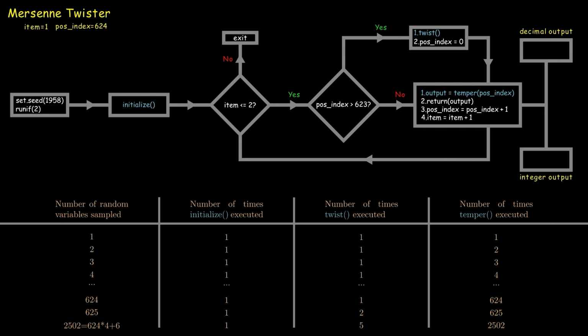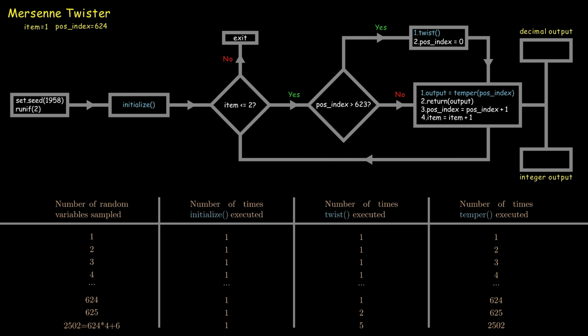But the donuts are not ready until they have been tempered. So let's have a look at the temper operation next. The temper operation is executed as many times as there are random variables. So if we are sampling 2 random variables, temper will be executed 2 times.